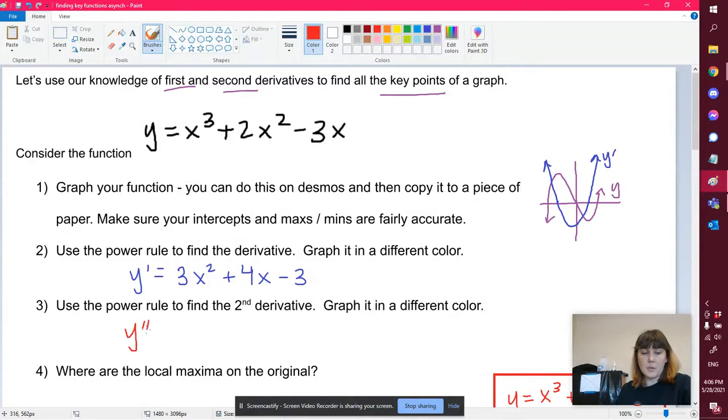Third thing, we use the power rule again. Again, we say the coefficient times the exponent is 6, and we knock this down by 1 to get 1. And when it's x to the power of 1, we just say it's x. And then linear terms go to their coefficients. Constant terms go to 0.